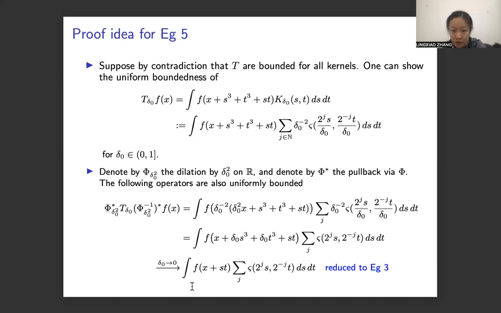The limit operator is exactly the operator in example 3, which should be unbounded. But we just said that these families of operators are uniformly bounded. So their limit operator should also be bounded, which is a contradiction. Okay, so we have finished the proof that the operator in example 5 is unbounded for some kernel.